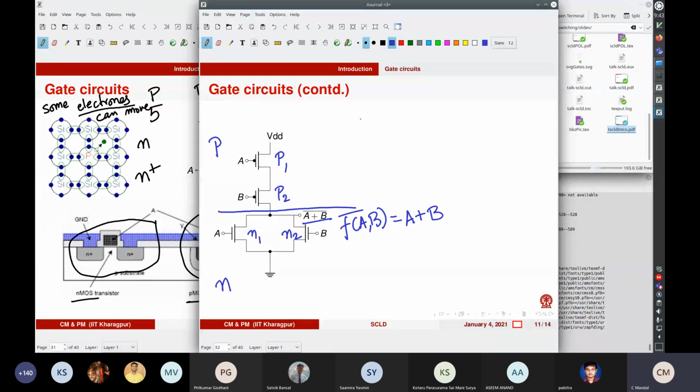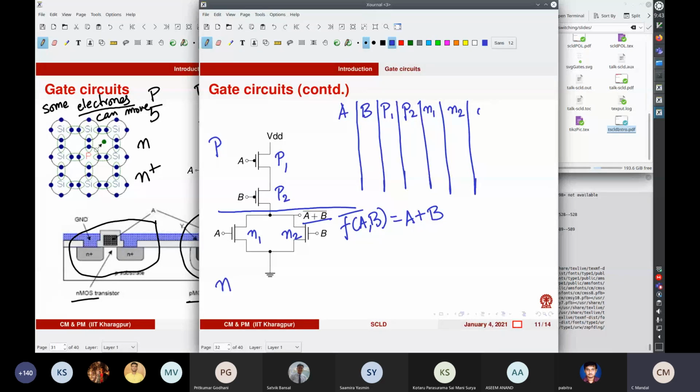You have got A, you have got B, P1, P2, N1, N2, and you have got the output.